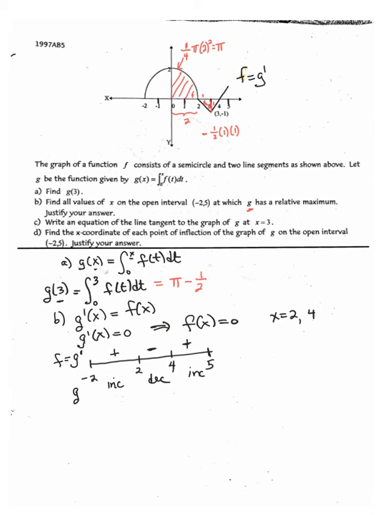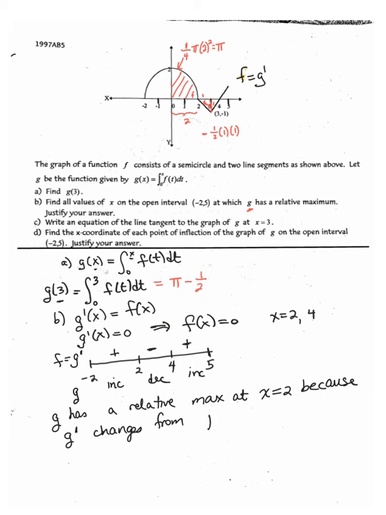Justify your answer. So g has a relative maximum at x equals 2, because we have to justify, because the derivative of g changes from positive to negative, or you could say the graph of g changes from increasing to decreasing.